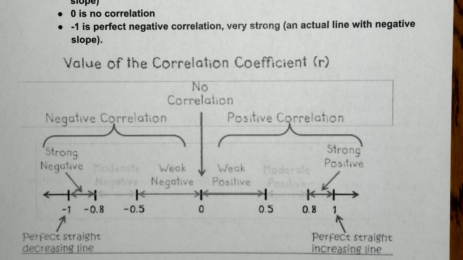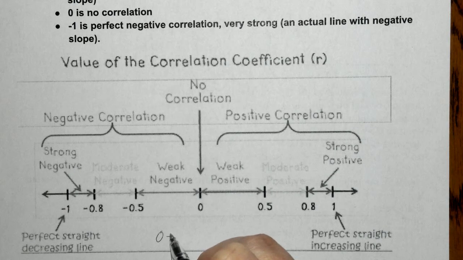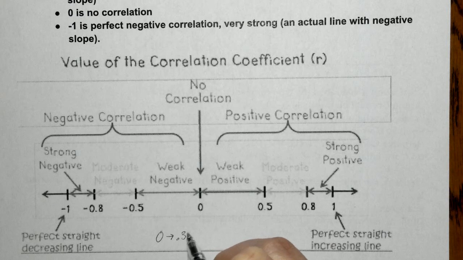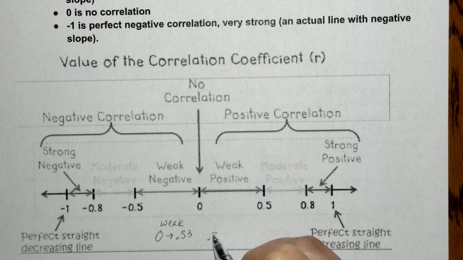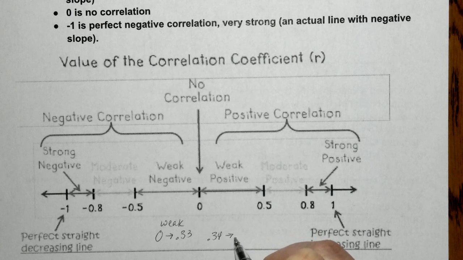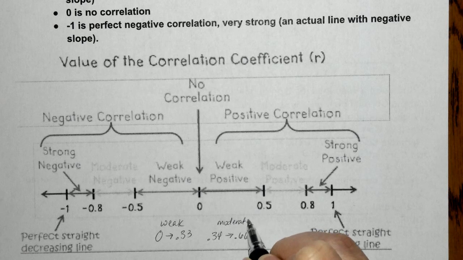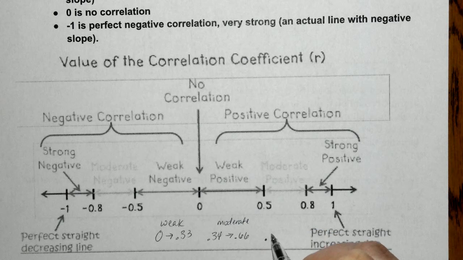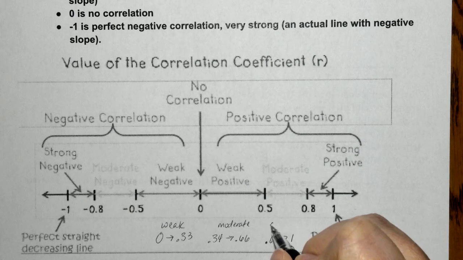I will say I've also seen it done this way. If it's between 0 and 0.33, it's considered weak. If it's between 0.34 and 0.66, it's considered moderate. And if it's 0.67 to 1, and this could be negative or positive, it's strong.